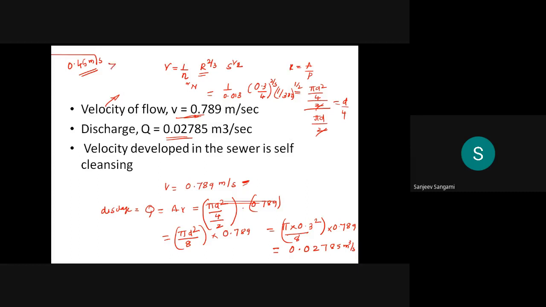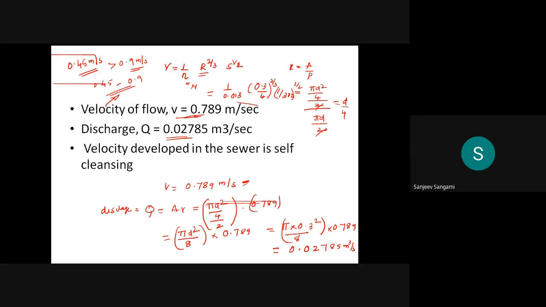And if it is exceeding 0.9 meter per second, it will scour. Means the limit is 0.45 to 0.9.